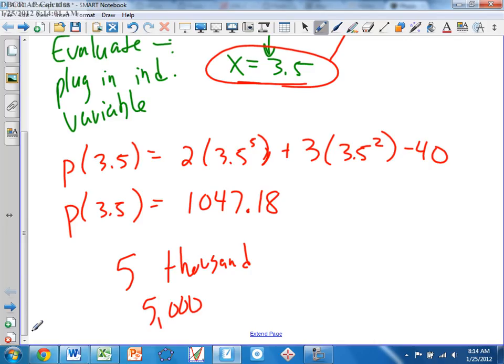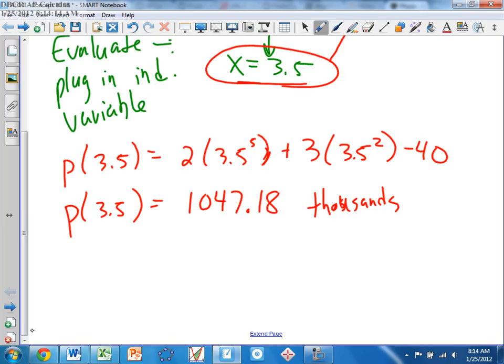So 1,047 thousands is really 1,047,000 with 3 additional zeros. Or we can just say move the decimal 3 spots.